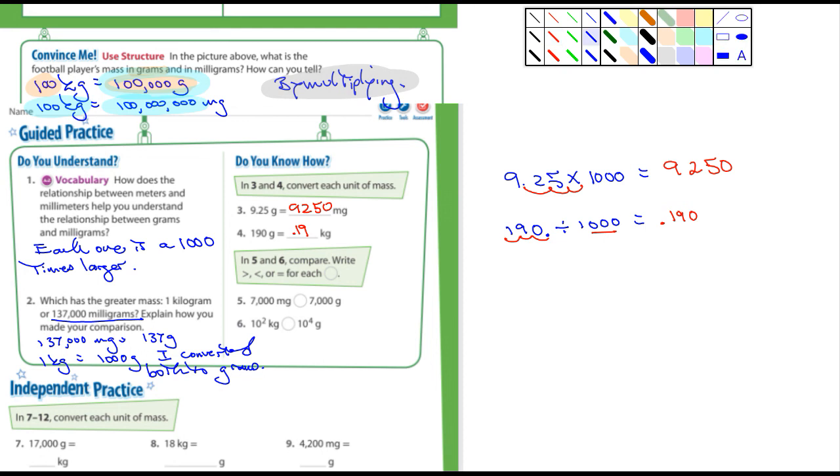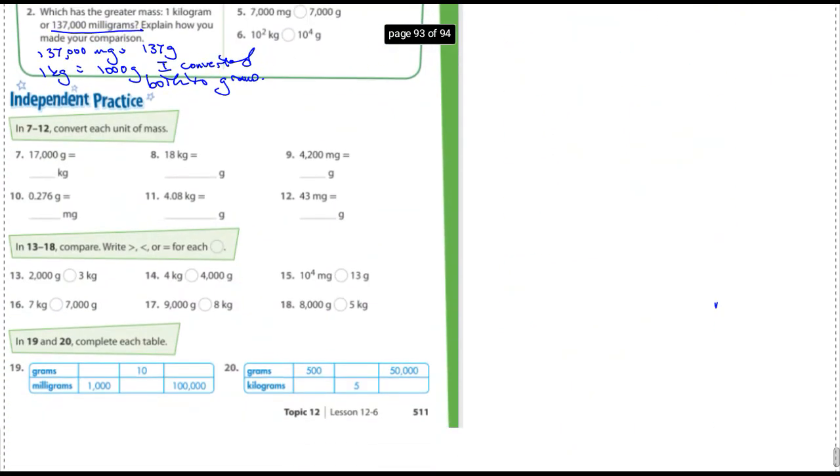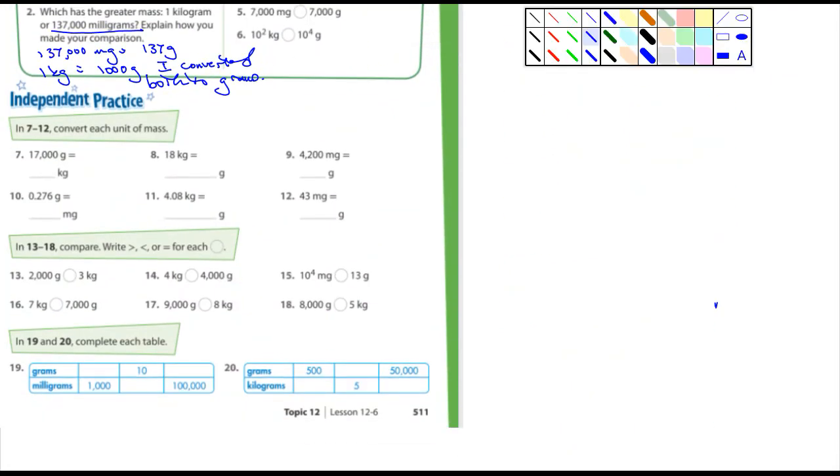Okay, you guys can do 5 and 6 on your own. I should probably highlight a couple of these for the class craft tomorrow. Let me do one more with you guys. How about number 7, 17,000 grams to kilograms. So again, we're going from something smaller to something larger. So 17,000, and we're going to be dividing that by 1,000.